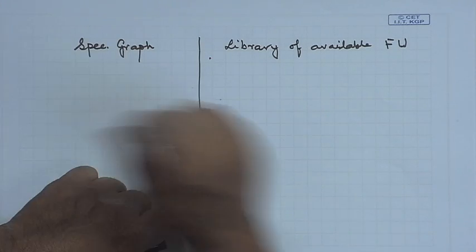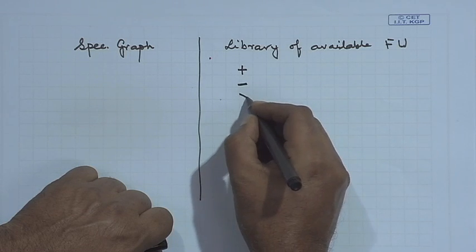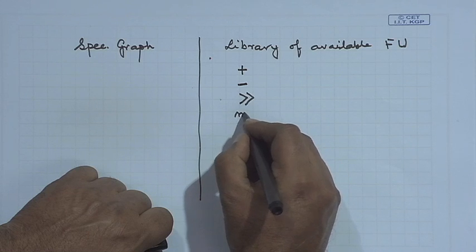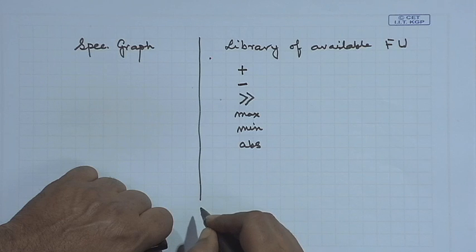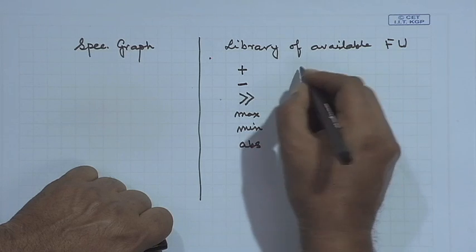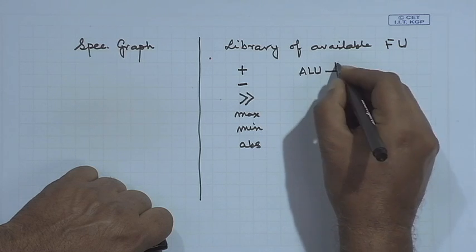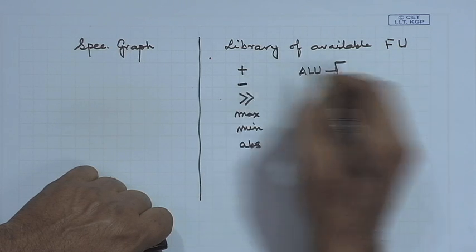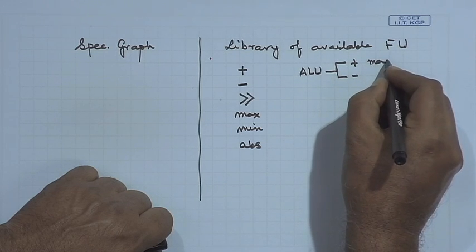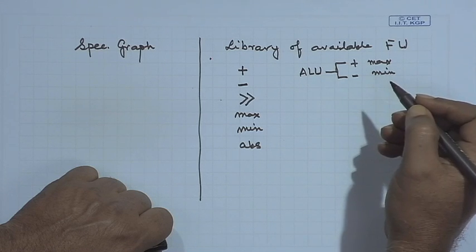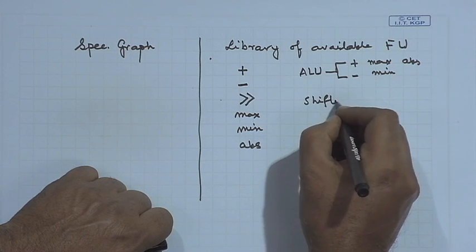Here, when I made this graph, I assumed that there is an adder, a subtractor, shifters, and max, min and absolute computations. Also, I assumed that there might be some ALU which takes care of plus, minus, max, min, and abs, and the shifter was something else, separate.